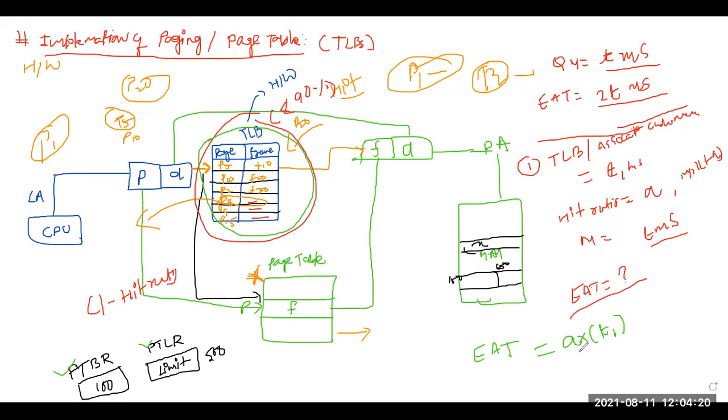If the data, if the instruction is found in the TLB, it is clear why I have written A into T1, because A is your hit ratio. That means data is found in your TLB. If it is found in TLB, what is the time taken? It is T1 microsecond.